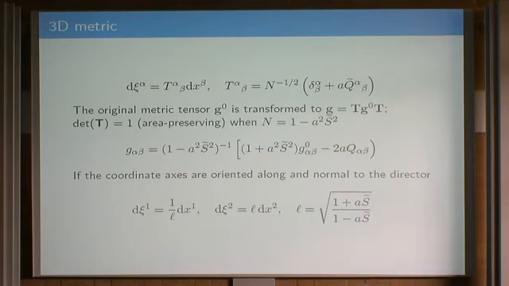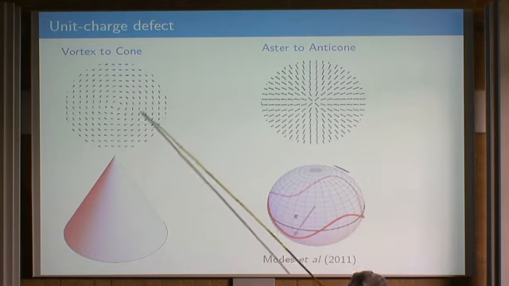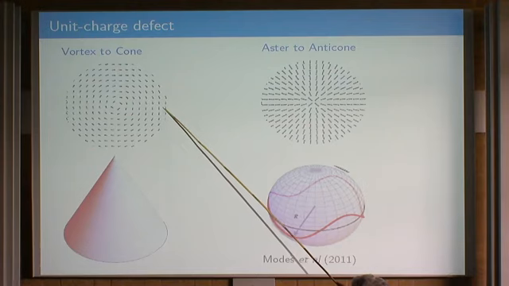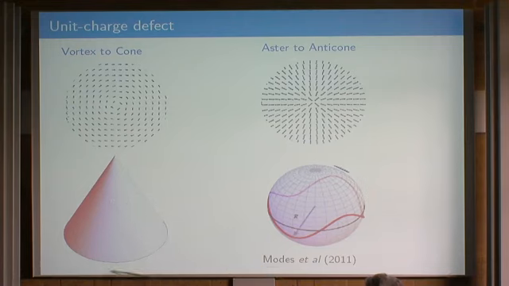And by this metric, we can restore the shape. And these are the simplest examples which we have. So then it compresses in the circumferential direction and extends in the radial direction. The result is a conical structure, and this is what you've just seen in the experimental picture.